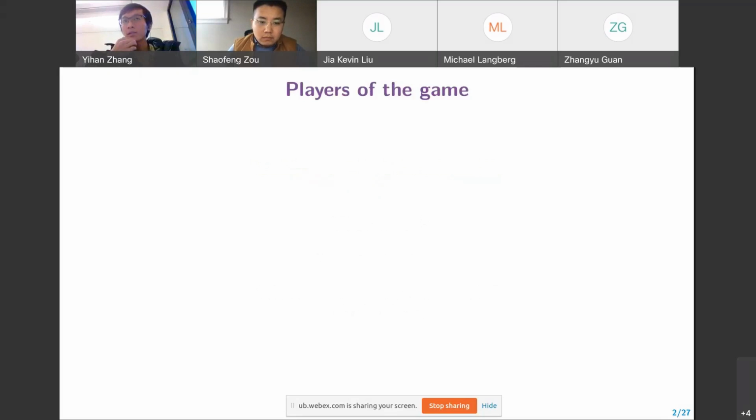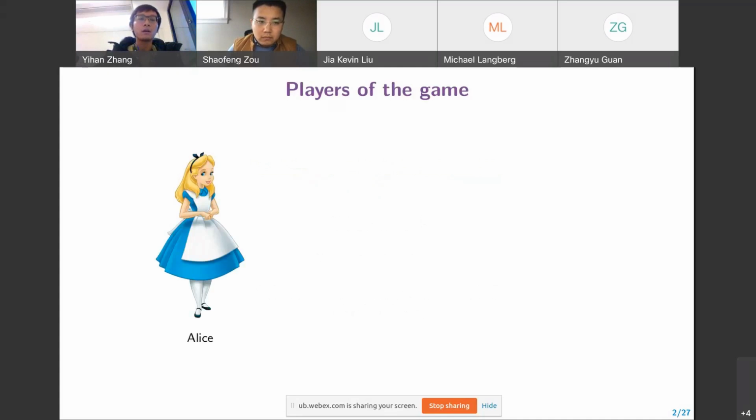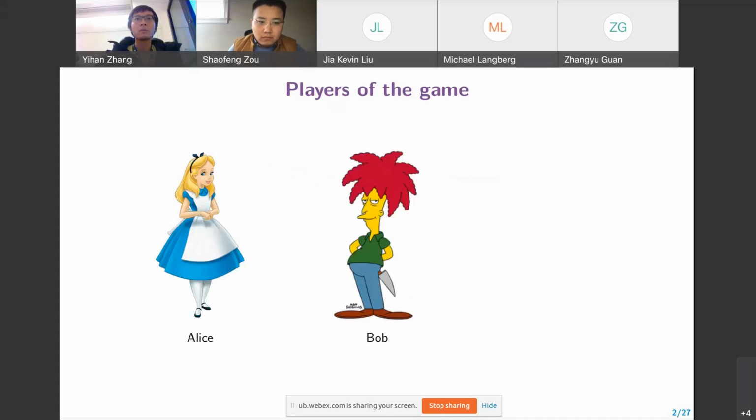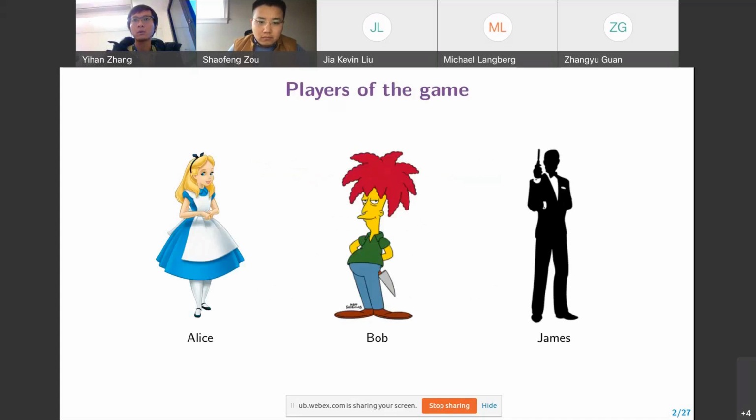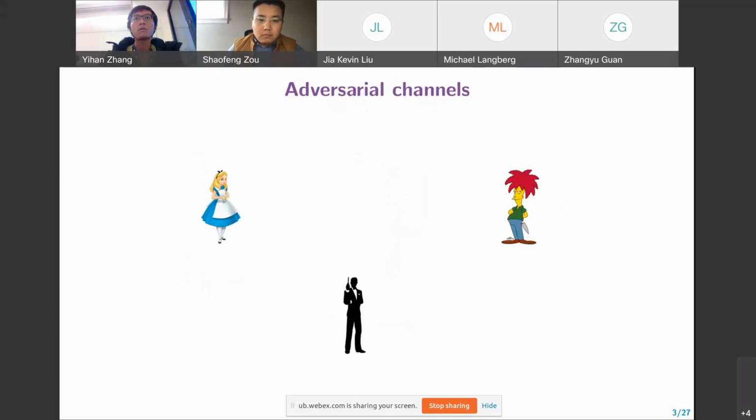Okay, so let me start by introducing the players of our game. In any channel coding problem, with or without adversary, we have at least three players: Alice, the transmitter, and Bob, the receiver, and somebody who is bad in our scenario, which we call James. He's an adversary who is trying to maliciously corrupt the communication from Alice to Bob. For any adversarial channel problem, if you look at it at a distance, they all look roughly like this.